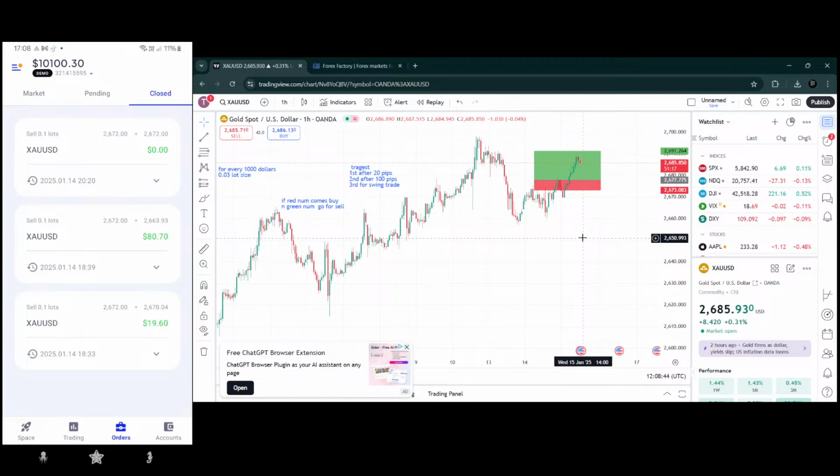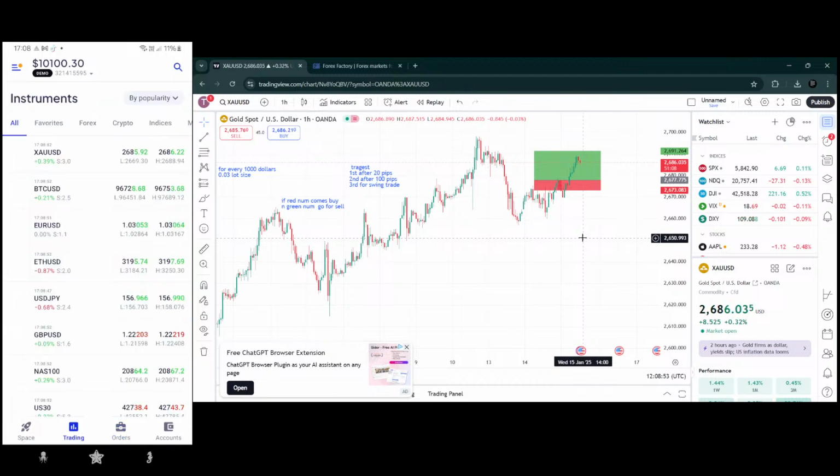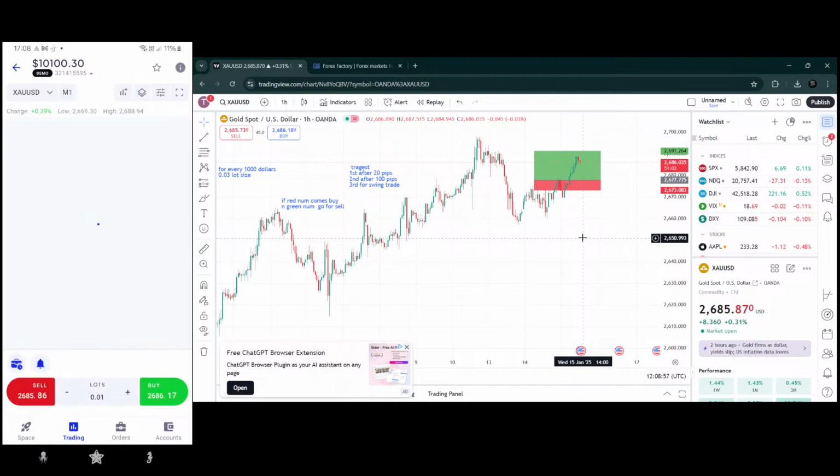So today we are going for the buy at 2678. So I'll put my orders as you can see on mobile.